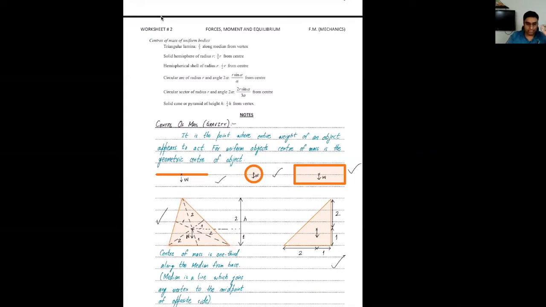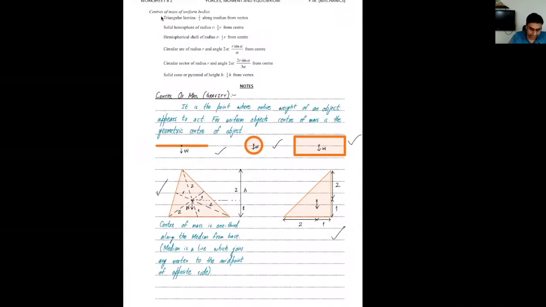And a median is a line which joins any vertex to the midpoint of the opposite side. So the opposite side should be divided into two equal halves, and you draw a line, that would be the median. And along that line, the center is 2/3 from the vertex and 1/3 from the side.